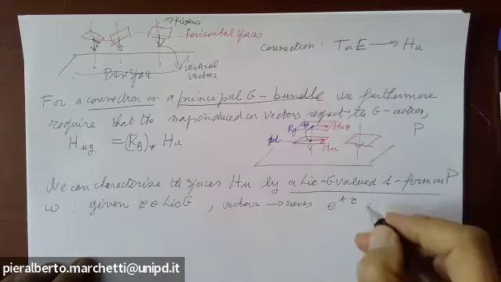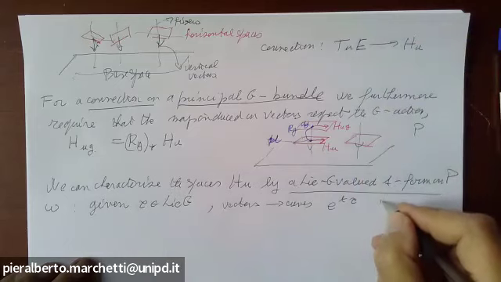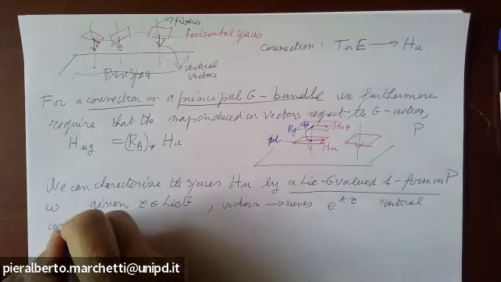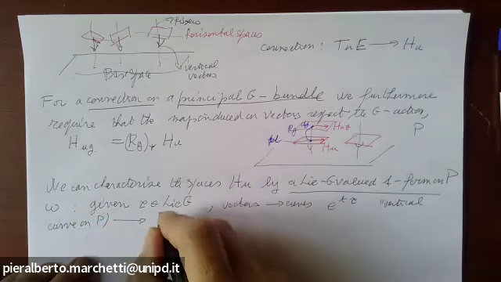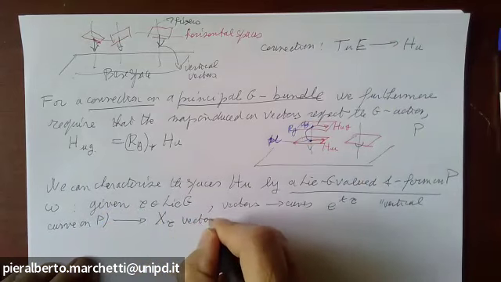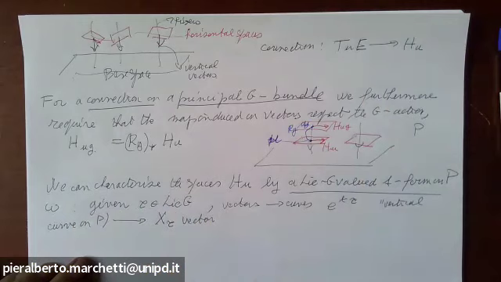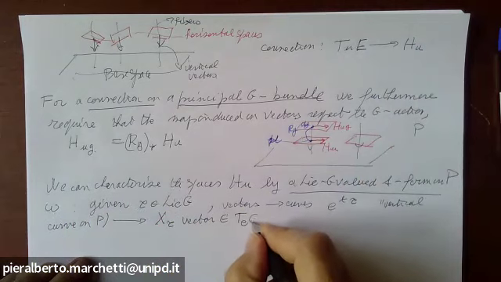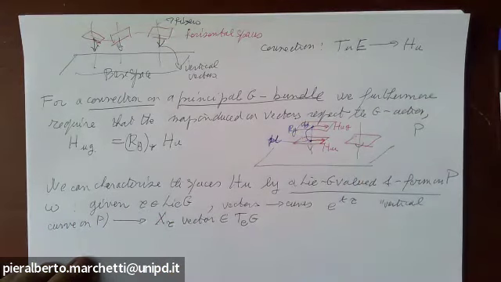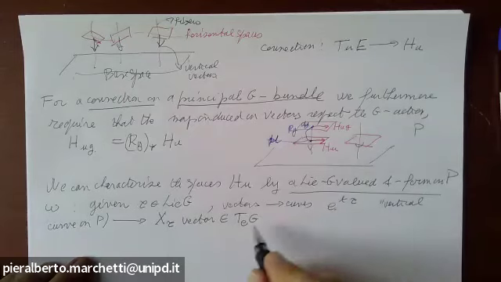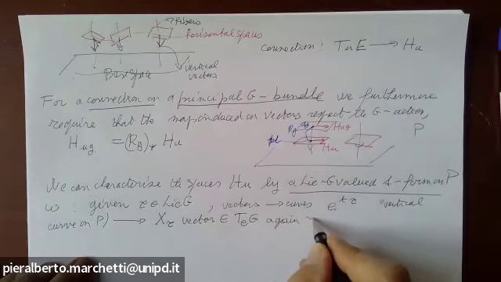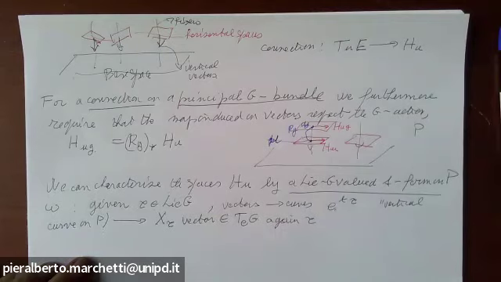This clearly goes along G, and so this is a vertical curve on P. And so associated to this, there will be some vector on the fiber, which belongs to the tangent space of P, because this is the usual stuff of the group G. And this is nothing but, again, your original element of the Lie algebra.